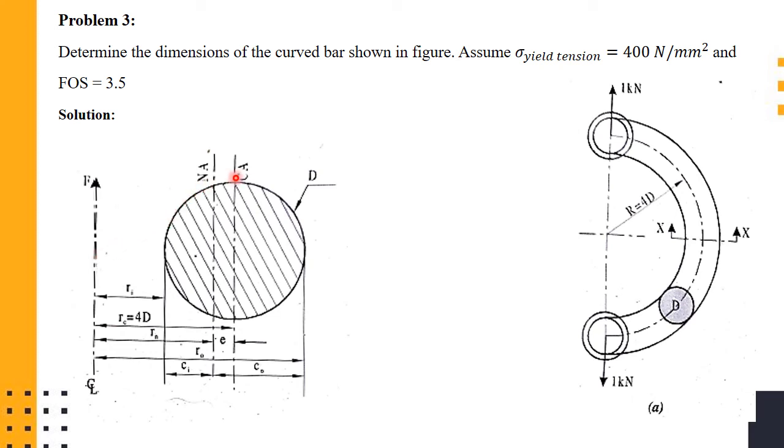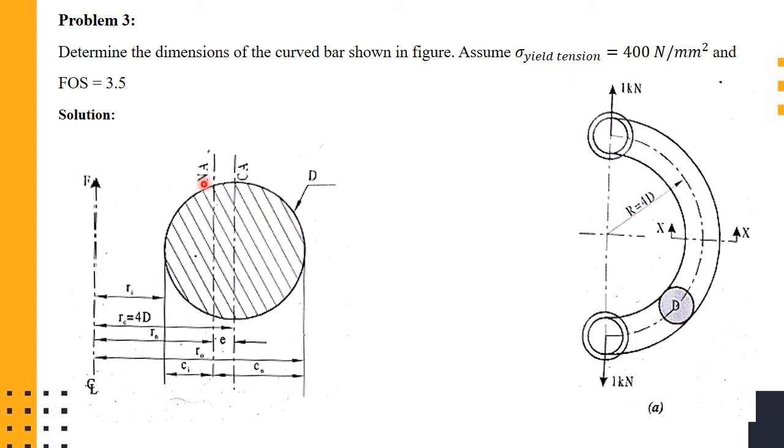After that, draw the centroidal axis. So centroidal axis for a circular cross section will pass through exactly the center of the circle. It will pass through the centroid of the circle, which will be at the center. So draw a centroidal axis which passes through the center, and draw a neutral axis.